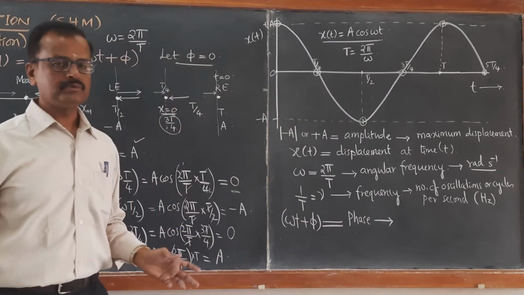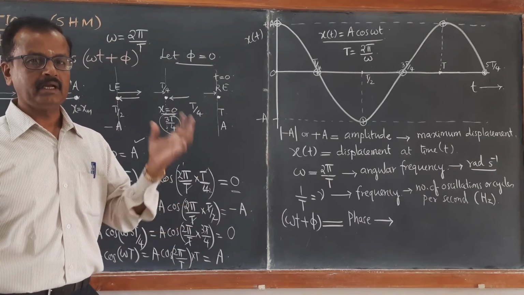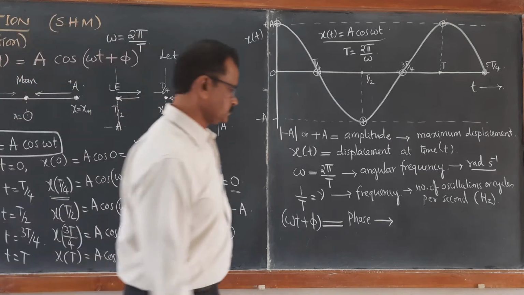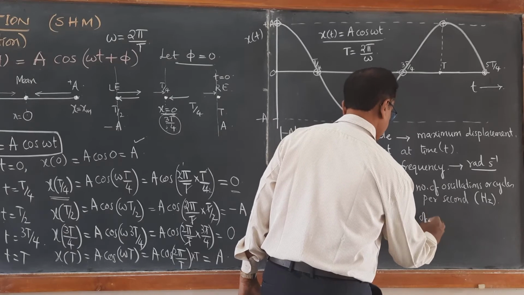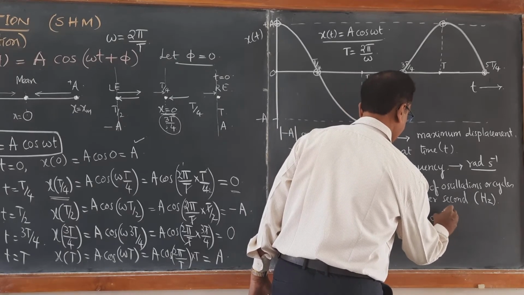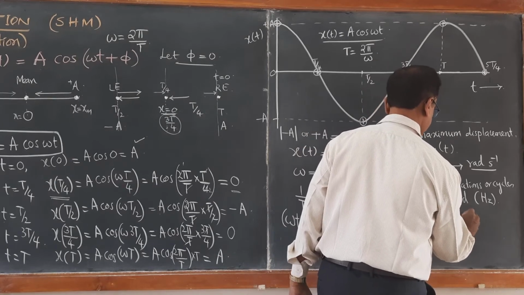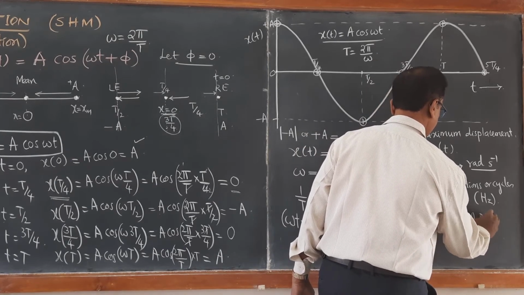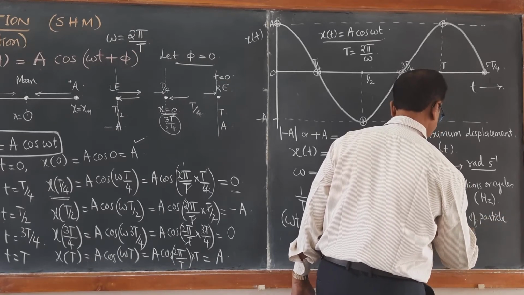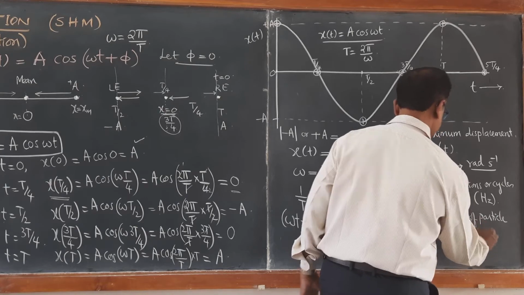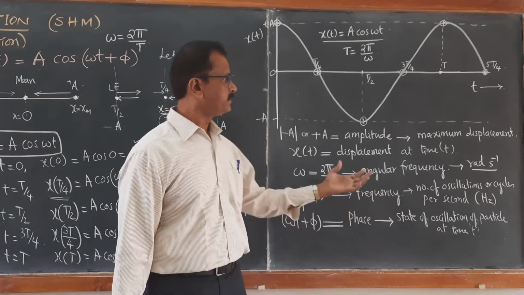The phase gives you the state of vibration, or state of oscillation, of a particle at any given instant of time t. That's how we define what phase is. Phase is the state of oscillation.